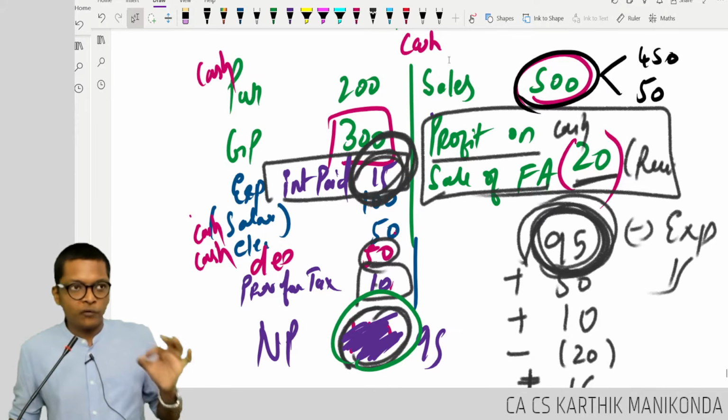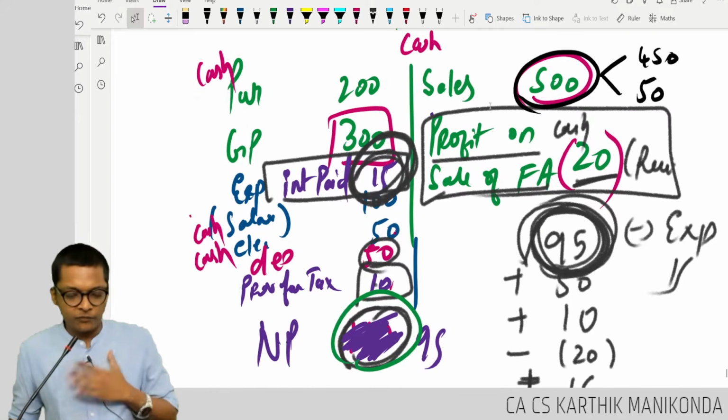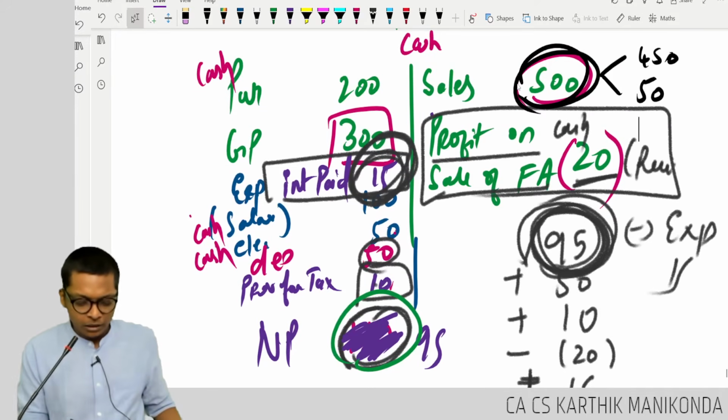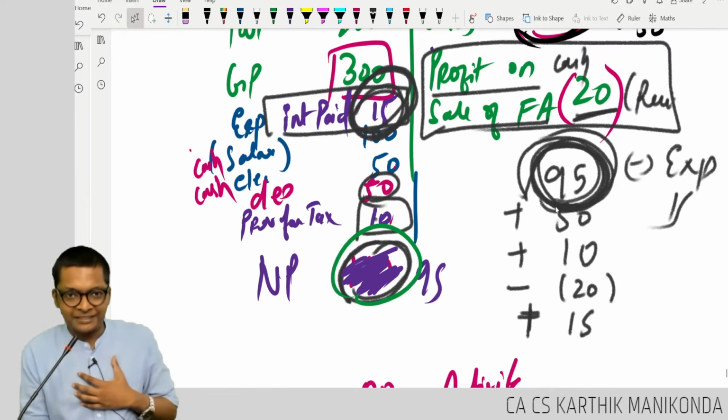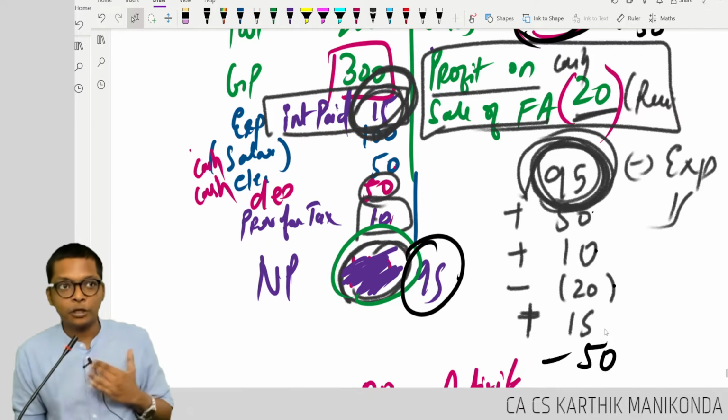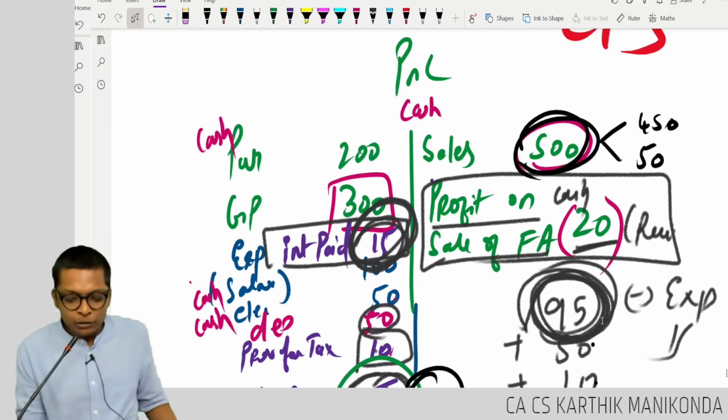Now, follow very carefully, guys. You are right. Sales of 500 includes 50 credit sales. So I will come to the same adjustments. Start with 95. Add 50 plus 10 minus 20 plus 15 minus 50, because it is a credit sale, non-cash income included in sales.